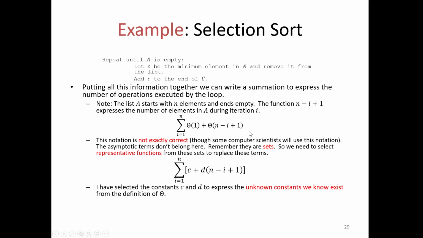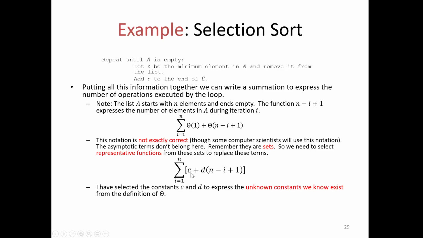So instead, to correct it, what I've done is I've gone into these sets and I've reached in and pulled out what I'm calling representative functions. For instance, in the constant set, all I've done is pull out some constant c, which I assume is a reasonable bound on the actual function that exists in here. Now, what do I mean by that?